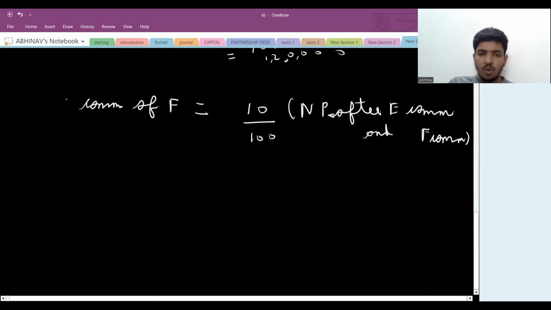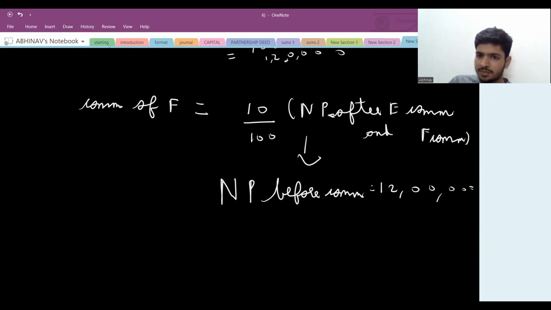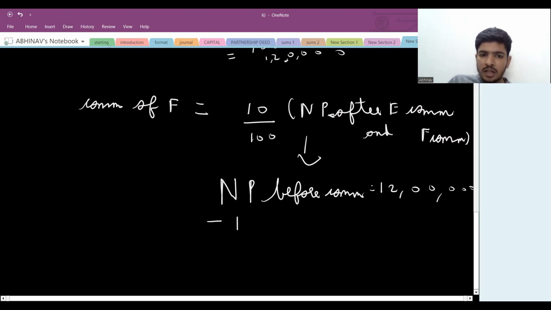So what does it actually mean? Net profit before commission, we know, is 12 lakhs. Correct? Then we subtracted E's commission, that is 1,20,000.